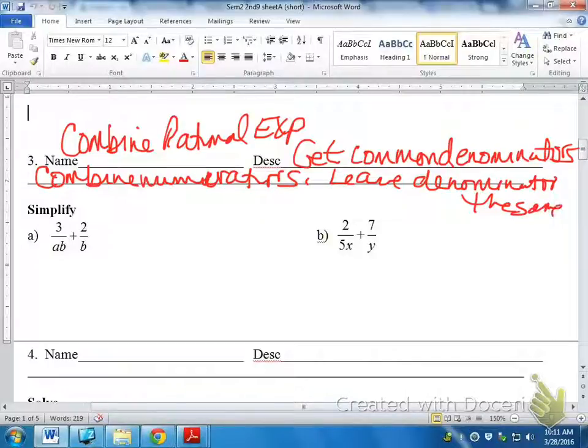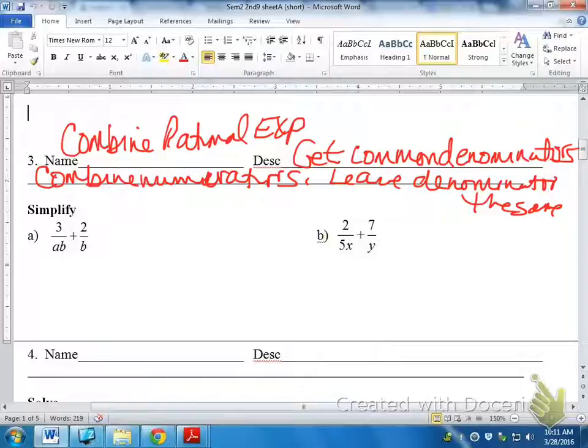Okay, so the best that I can do for you on this is say, basically you're adding fractions, but they're not just fractions. Combine numerators.